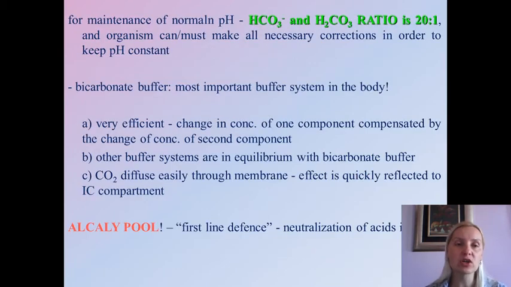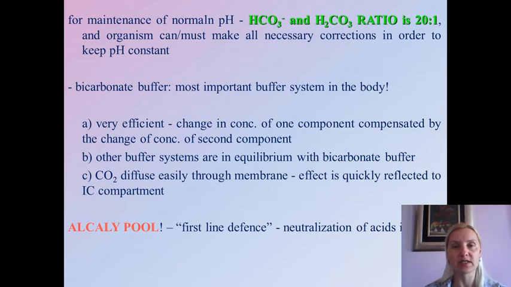So we can conclude that for maintenance of normal pH, the bicarbonate to carbon dioxide ratio has to be 20:1. And actually our body has to take all necessary corrections in order to keep that constant pH of body fluids.